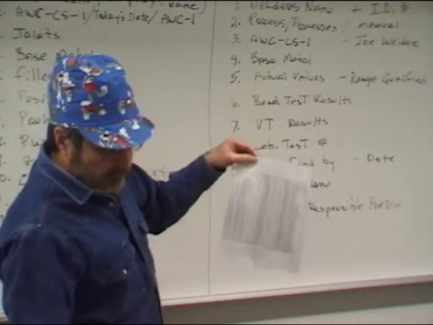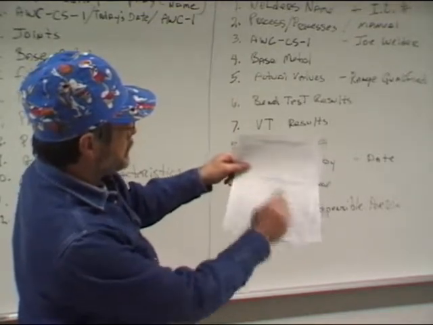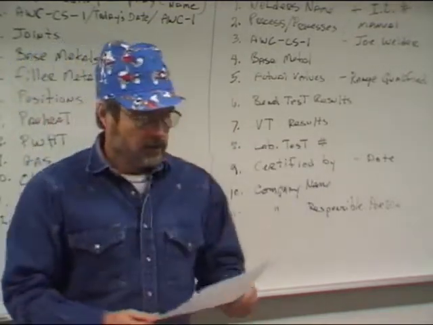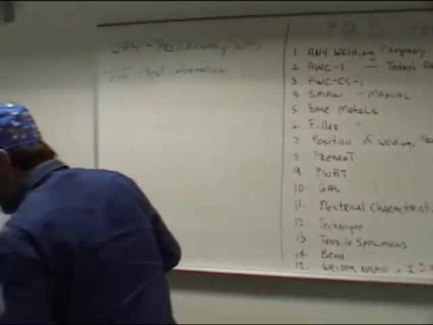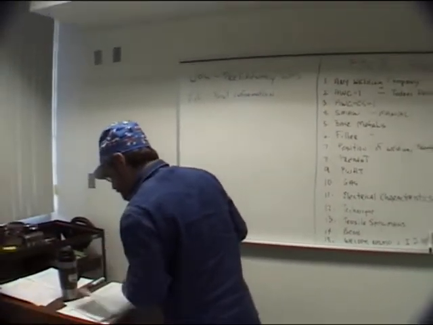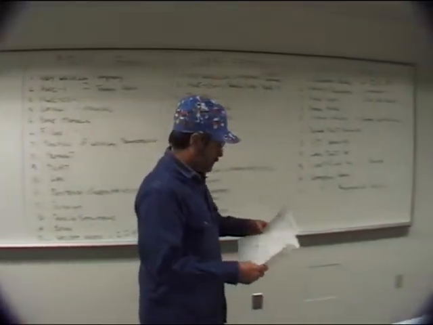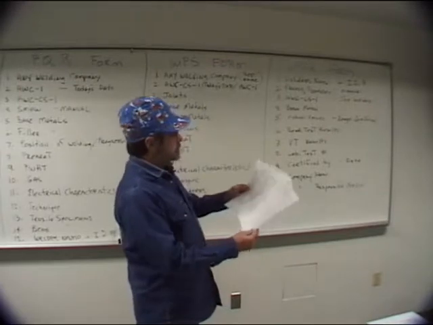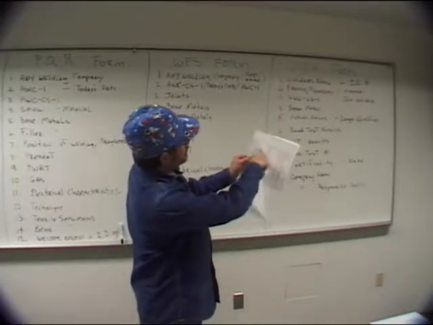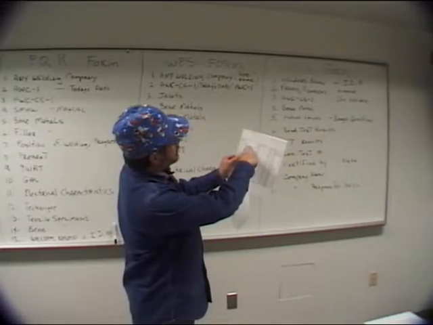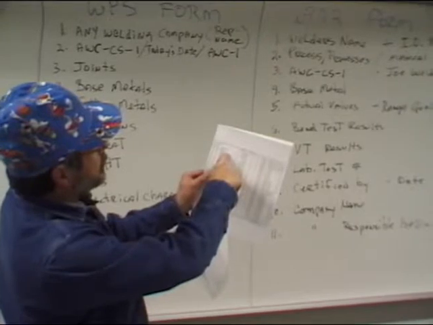And once you've found that, I want you to record that where it says material specification under the base metals. Okay, type or grade. Over here in this column it tells us that SA 106 grade B, that would be the grade that we would go in there.